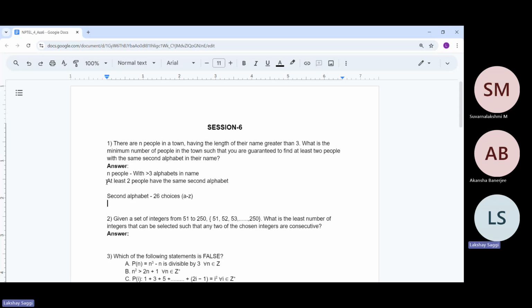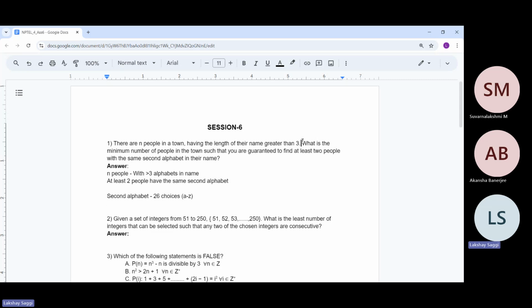So in the worst case, suppose we pick some 26 people. It is not up to us to choose which 26 people are picked. We just need to ensure that whoever picks, if someone picks X number of people, we always get at least 2 people with the same second alphabet.